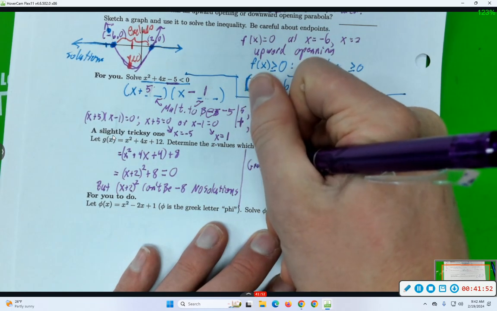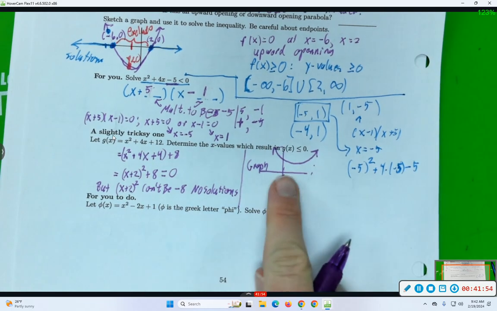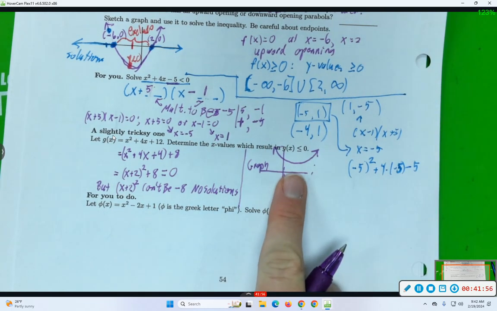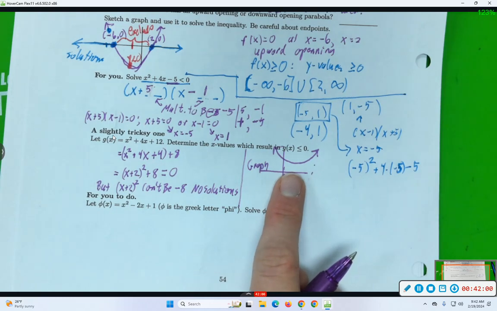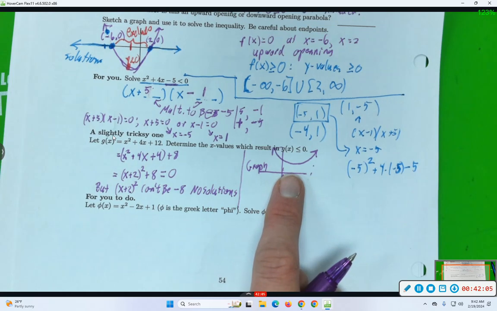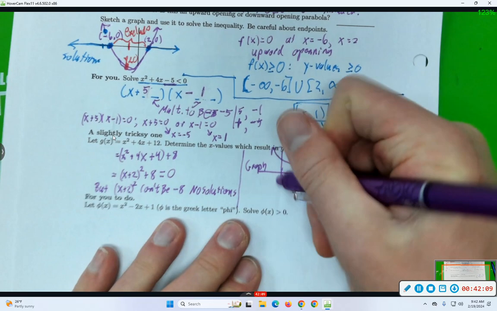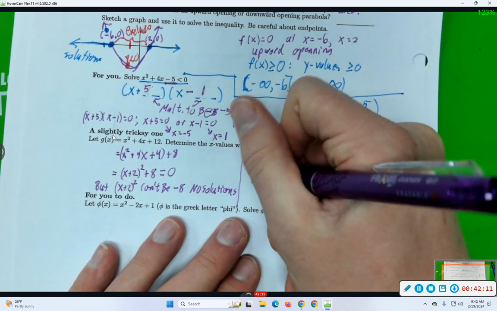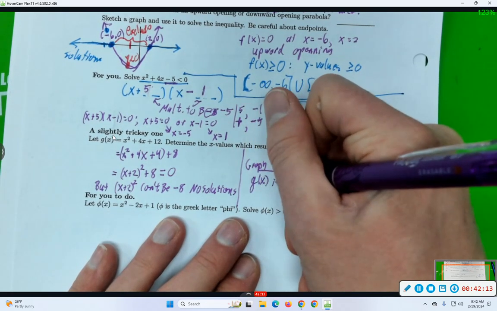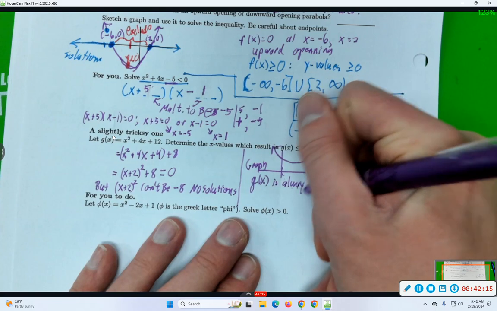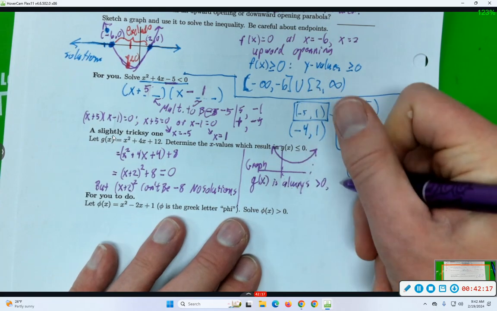So by looking at a graph, tell me, does that graph have any y values that are less than or equal to 0? No. So what is the conclusion to this problem? There are no solutions to this inequality. G of x is always positive. There are no solutions.